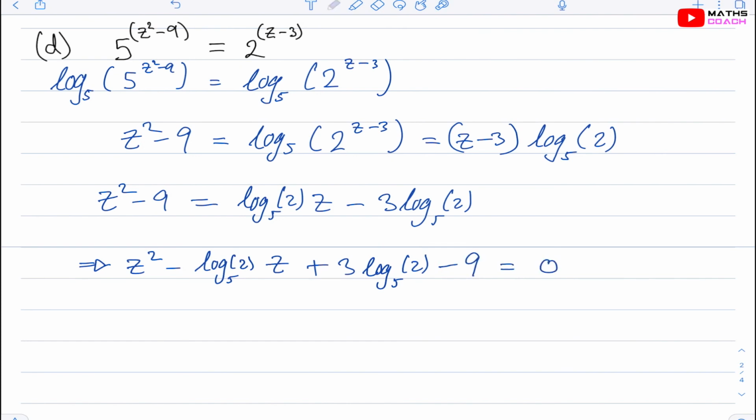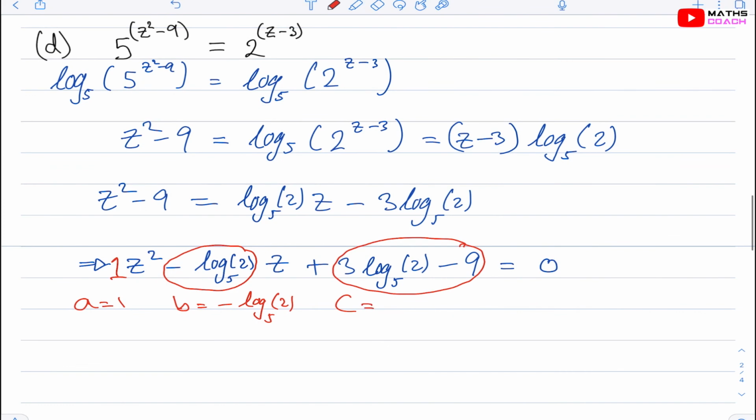And if you look here carefully, you can see that this is actually a quadratic equation where a is equal to 1, b is equal to your minus log 2 to base 5, and c is basically those two terms together. So here a is equal to 1, b is equal to minus the log of 2 to base 5, and c is equal to 3 log of 2 to base 5 subtract 9.